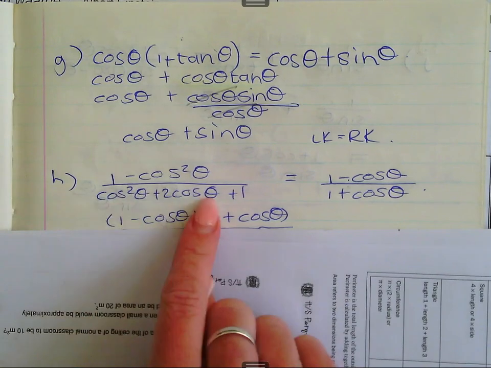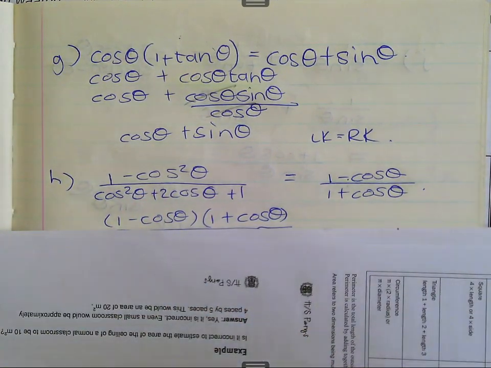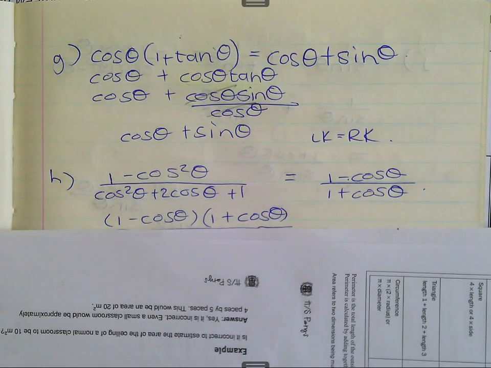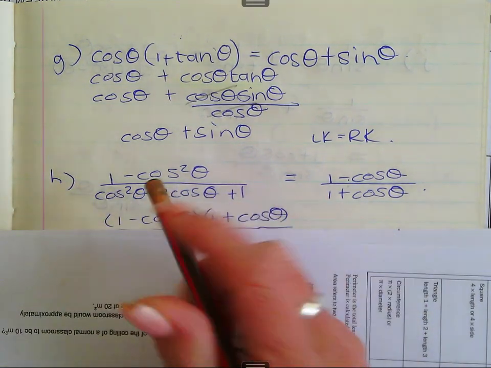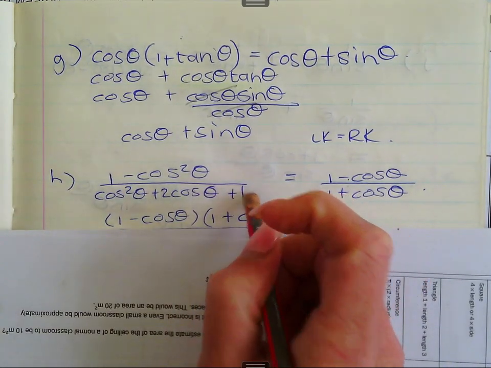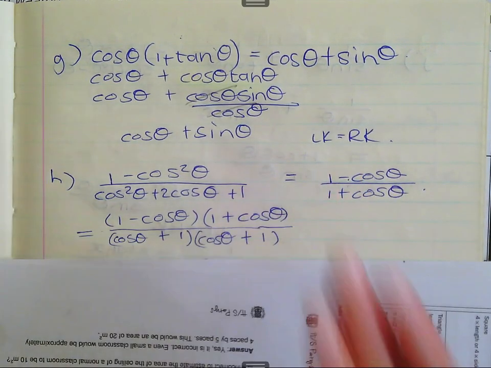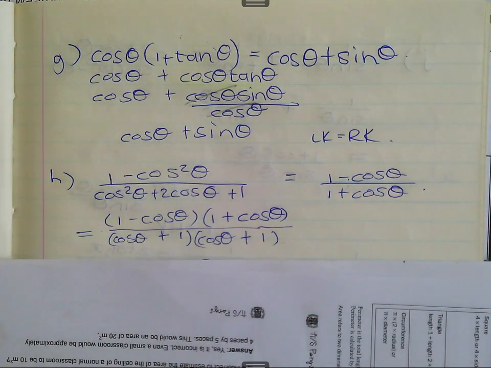When I look at the bottom, I see that there are 3 terms, and that the first one has got a square. And that tells me to look for a quadratic trinomial. So if I were to factorize this, I would make my 2 brackets, cos, and then factors of 1 that give me 2 when I add them. 1 and 1. And that would give me those 2 brackets.